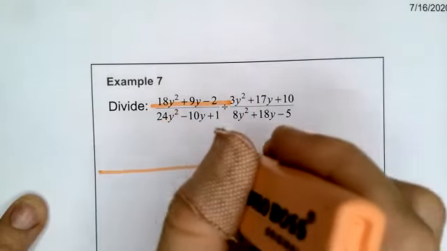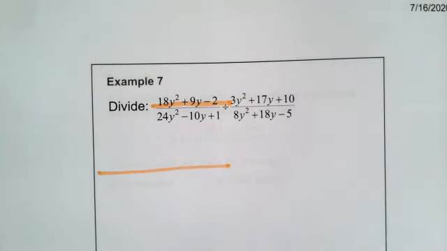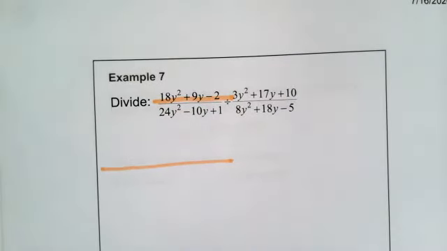This one we'll put right here, okay? We have 18y squared plus 9y minus 2. Good? Okay. So what's going to happen with this guy is, I need to get a whole other piece of paper.